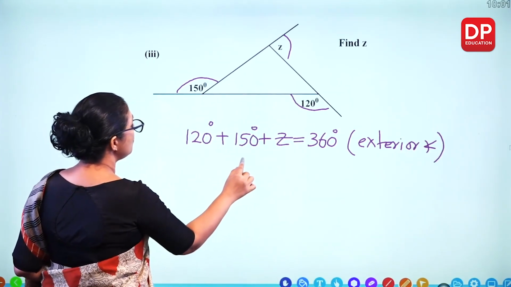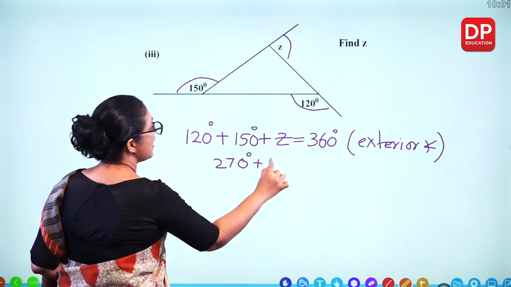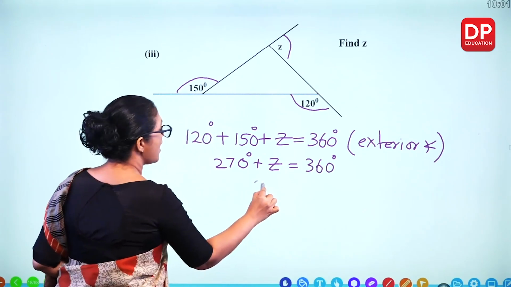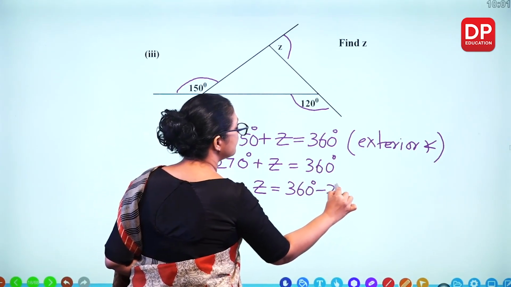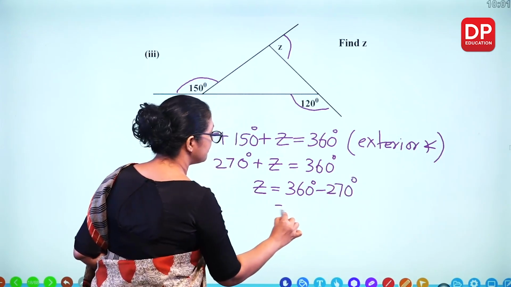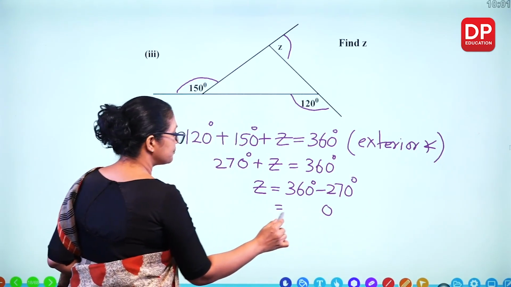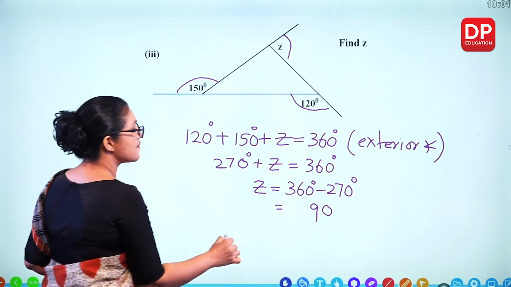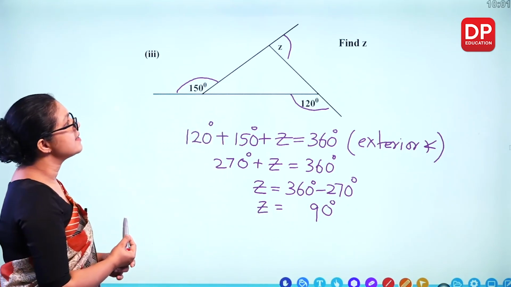So add these two, 270 and C equals 360. Subtract 270. You get 90 degrees. So Z equals 90 degrees.